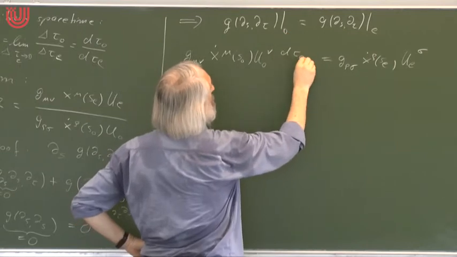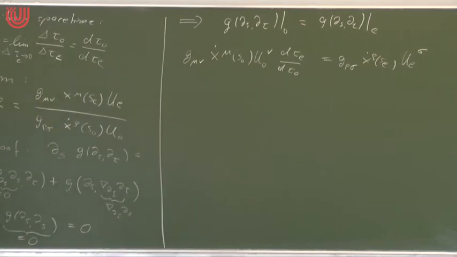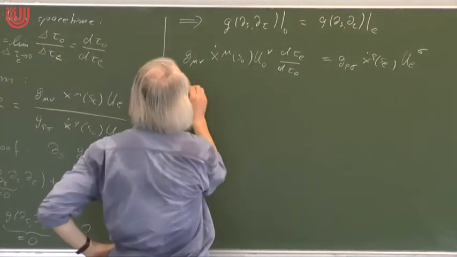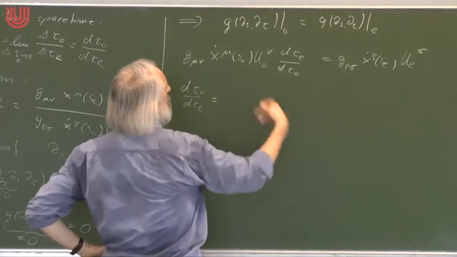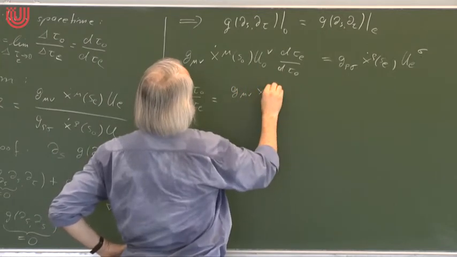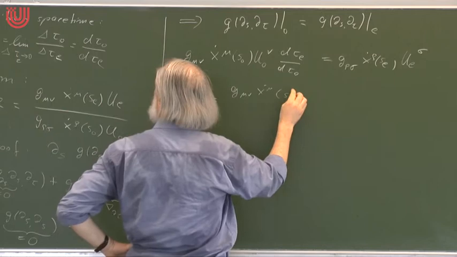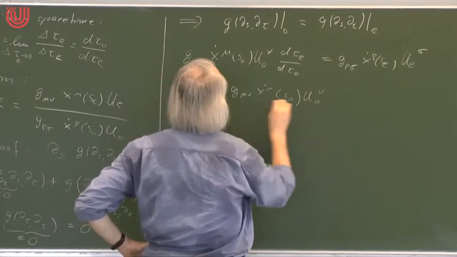So I need an e upstairs and an o downstairs. Okay, and I want to solve for this expression. So I get d tau_o by d tau_e. So I take this to the other side, and then I have here g_μν x^μ dot.